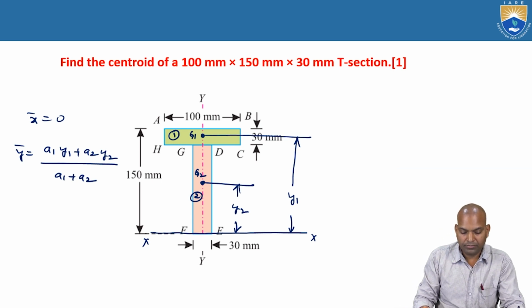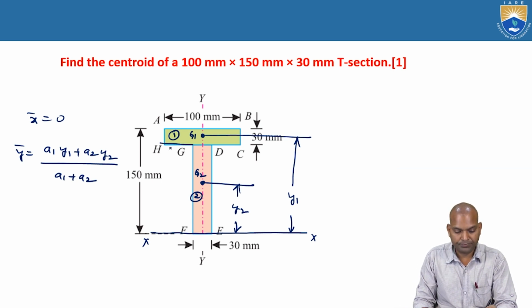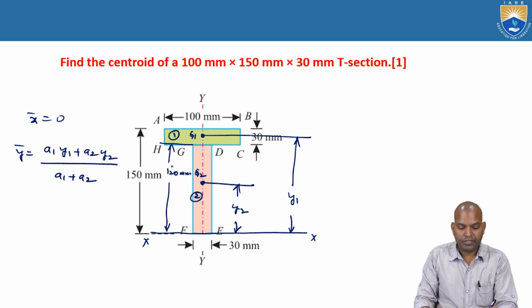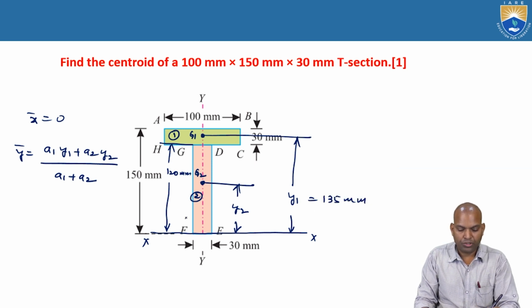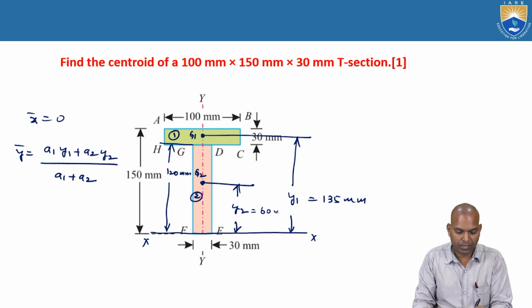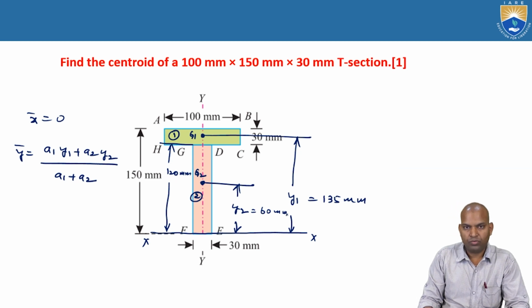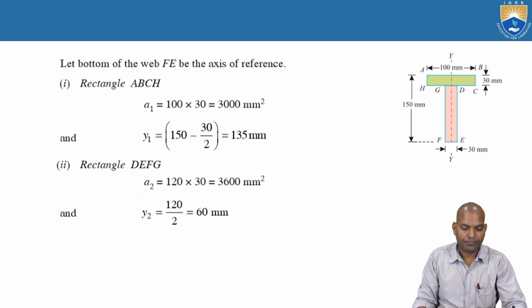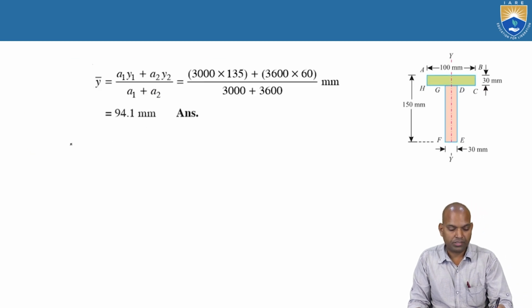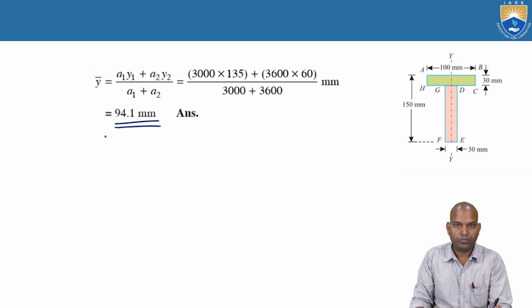So how can we find y1? Y1 is 120 millimeters plus 30 by 2, that is 120 plus 15, so y1 equals 135. And y2, for the rectangular section, is 120 by 2, that is y2 equals 60 millimeters. Substitute A1, A2, Y1, Y2 in the derived expression of y bar, and you get y bar as 94.1 millimeters.